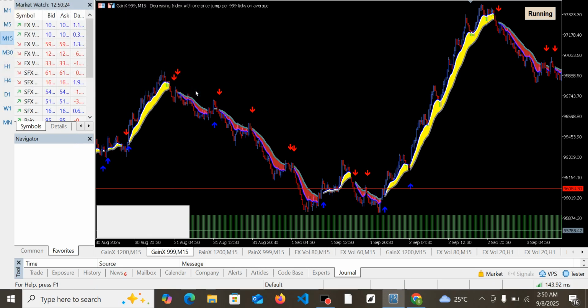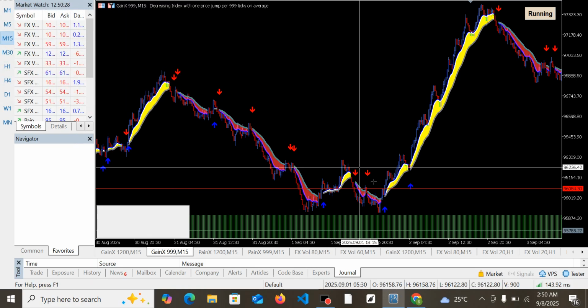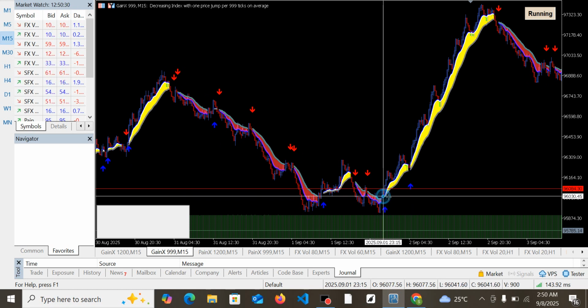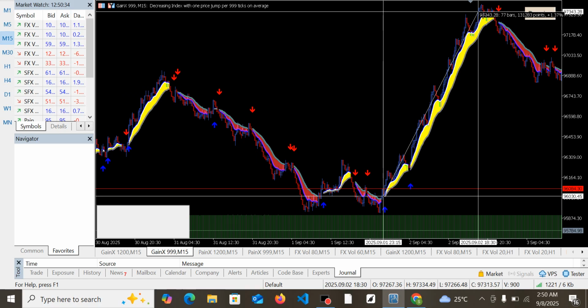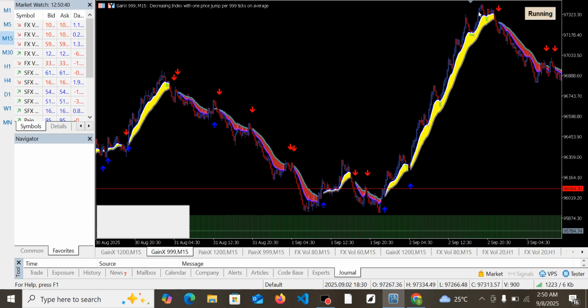If you are trading spikes under GainX, it should be when the market is on uptrend. That is when you can trade spikes, because spikes will only happen at the support region under GainX.